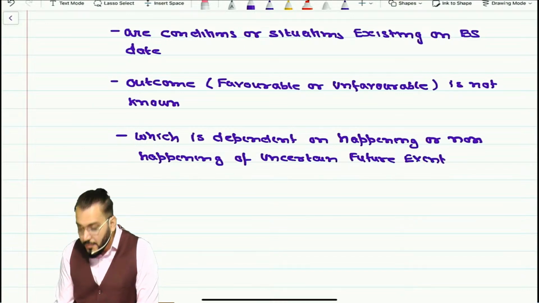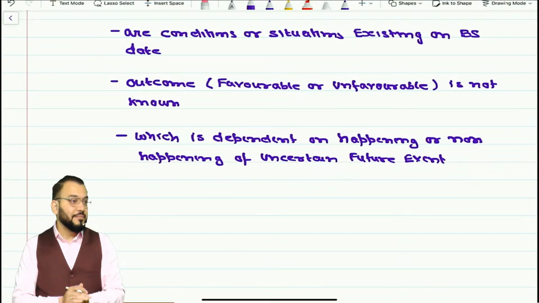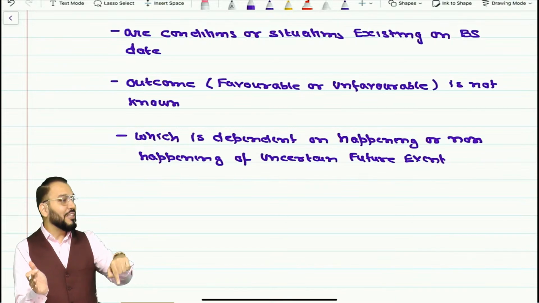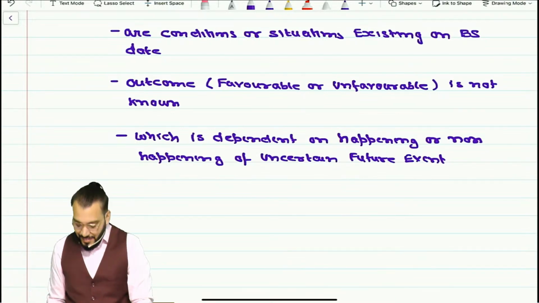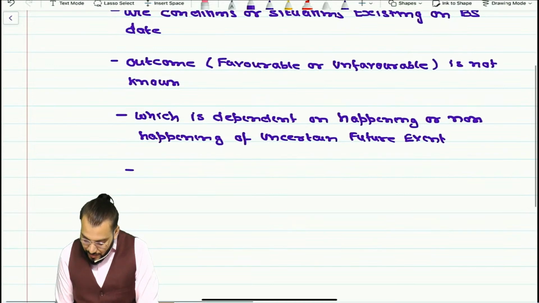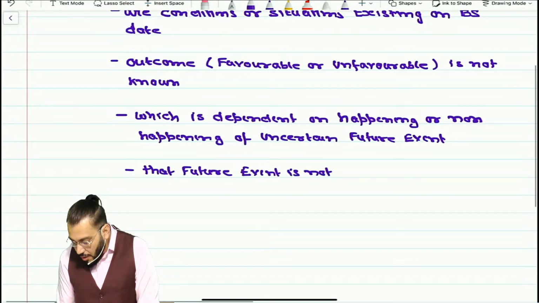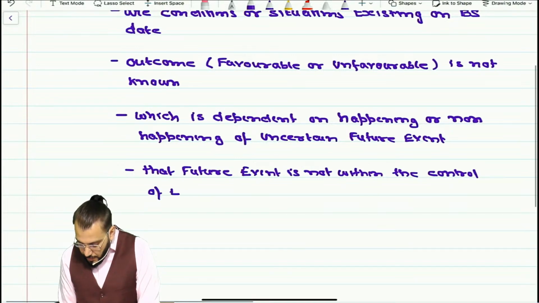Understood? That uncertain future event is not within the control of the entity.